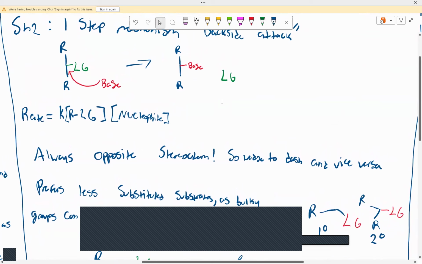This is because the base, right off the bat, is replacing the leaving group, and it wants as little resistance as possible. Think of the base as an assassin. It wants to be sneaky and silent. It doesn't want to set off any of the alarms, which would be the steric hindrance.